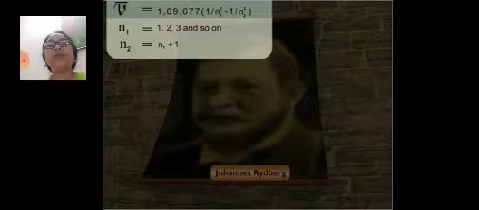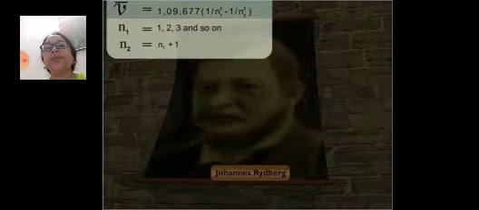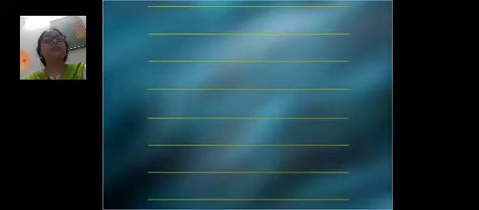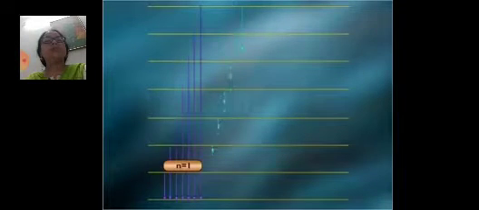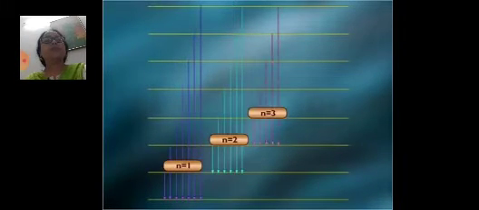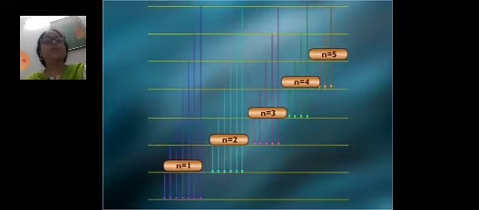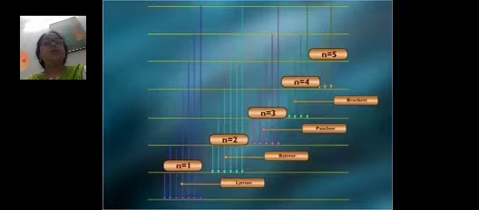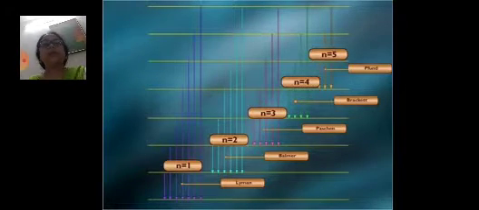In this spectrum of hydrogen, the first 5 series of spectral lines that correspond to n1 equals 1, 2, 3, 4, 5 are known as Lyman, Balmer, Paschen, Brackett and Pfund series respectively.